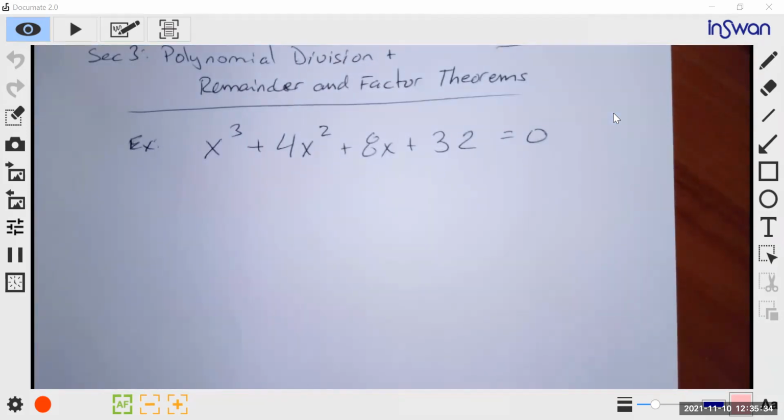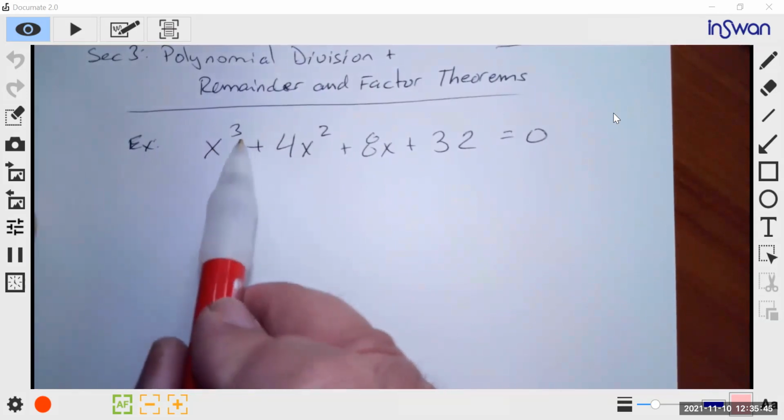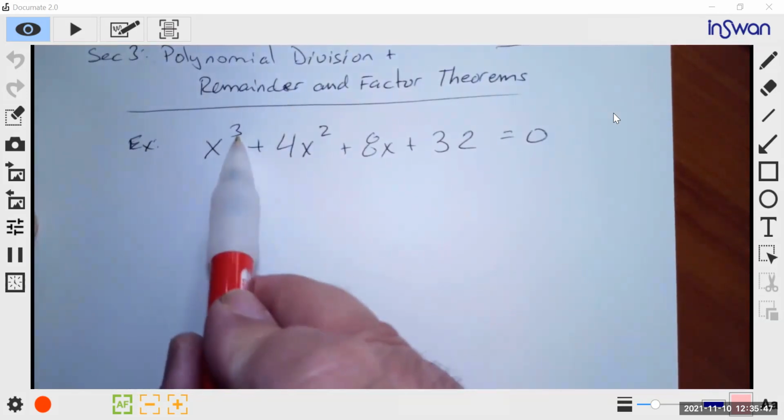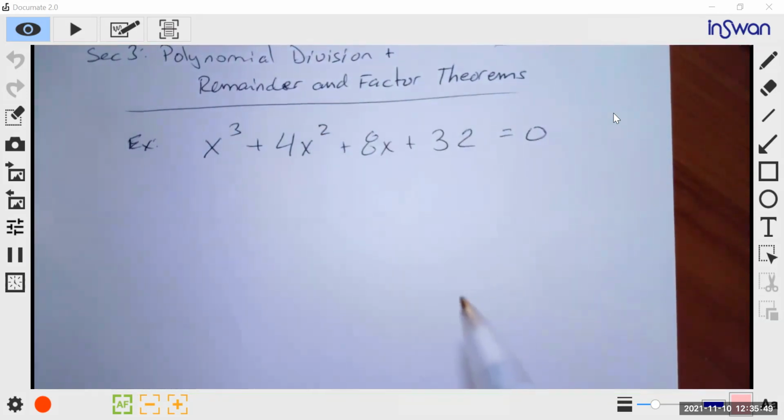How would you solve that? It's already, that's a good point. You always want to set it so it's the highest exponent down to the constant in decreasing order.